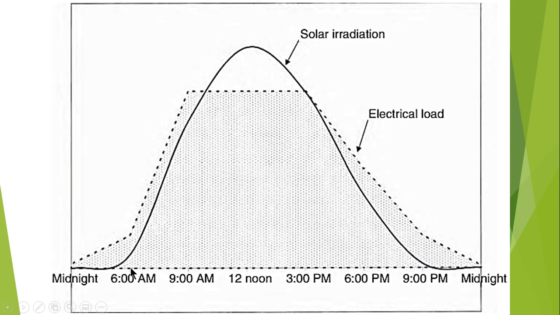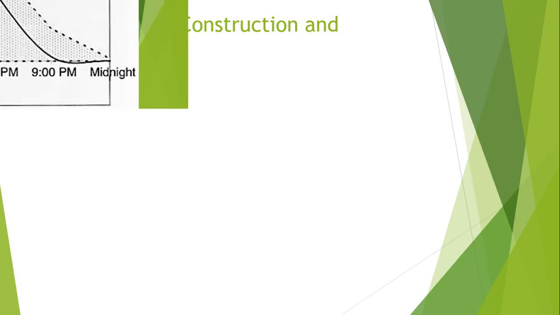For instance, the load capacity is the maximum from 9 to 3 or 4 p.m., and the solar intensity is maximum at these times of the day, from 7 a.m. to 5 a.m. So the output power matches the daily electricity demand.